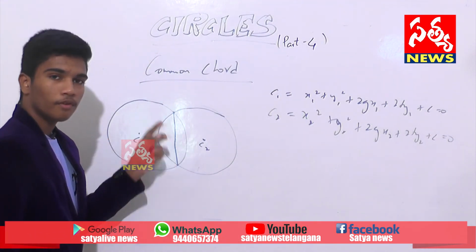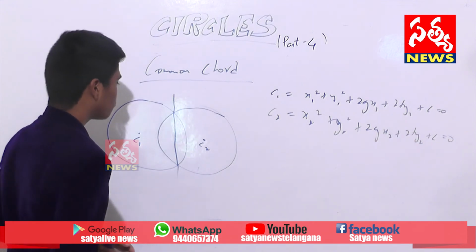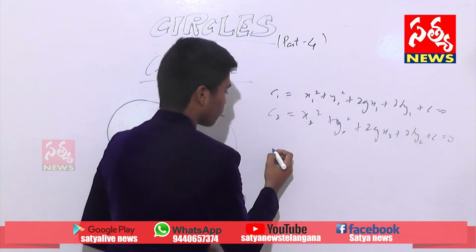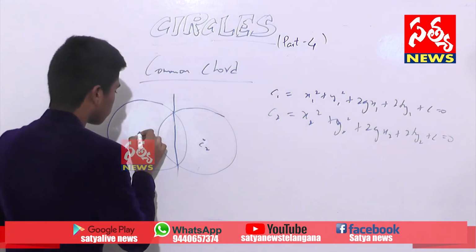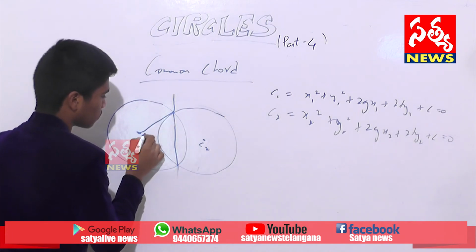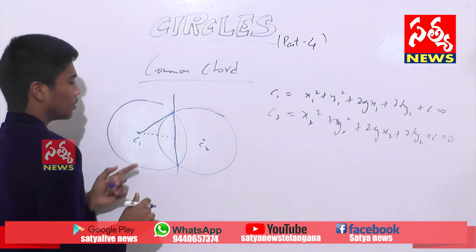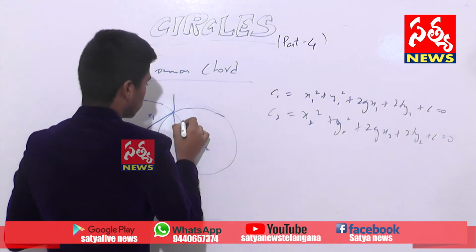Now, for finding the equation of common chord, this is the perpendicular distance, right? And this is R1 and this is R2.